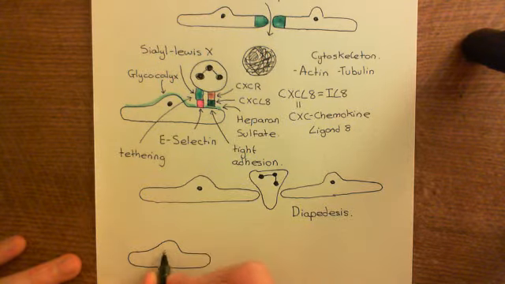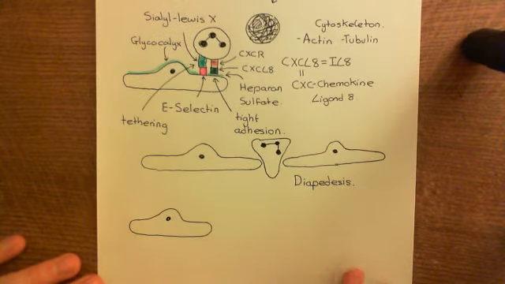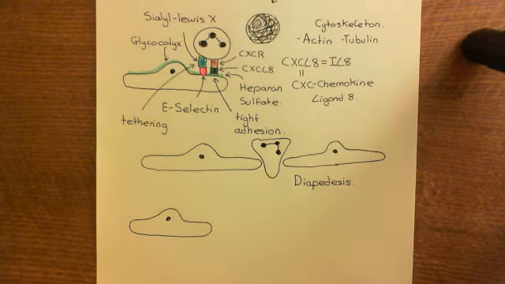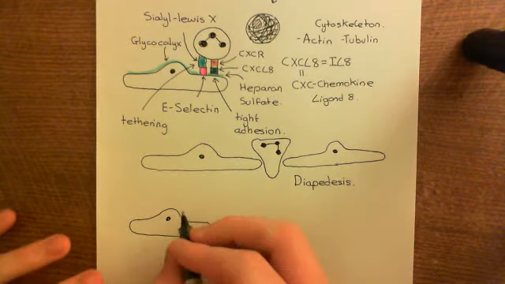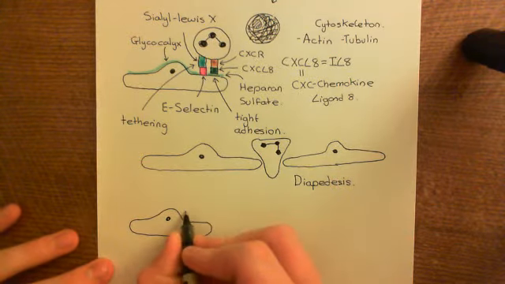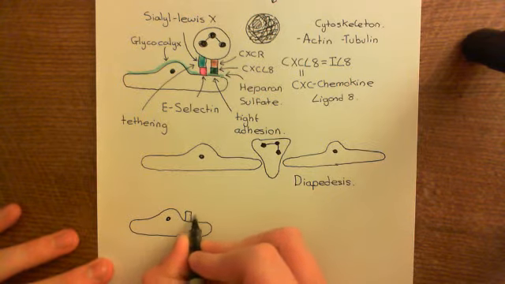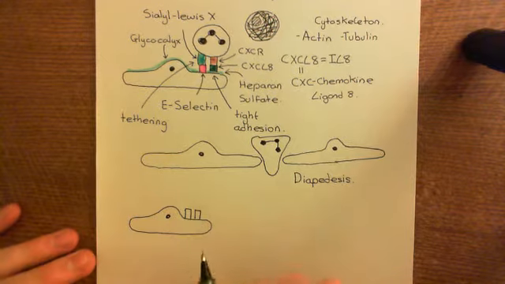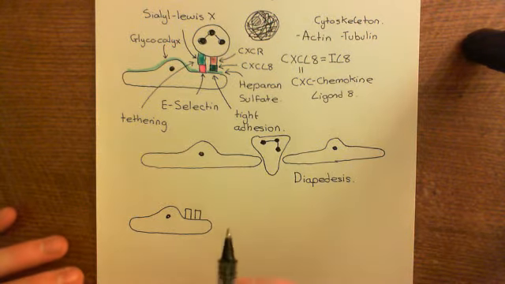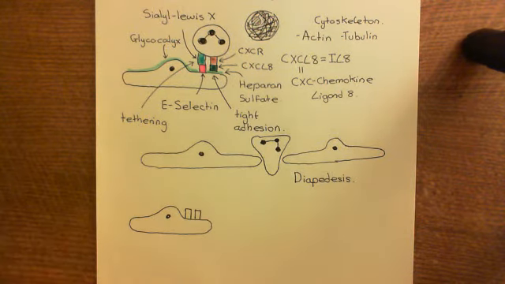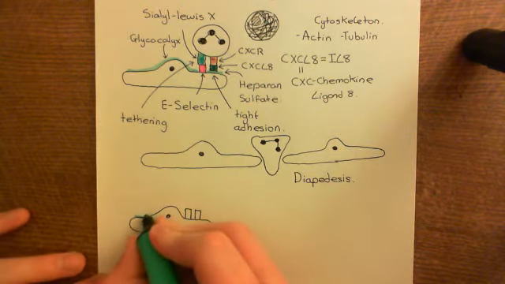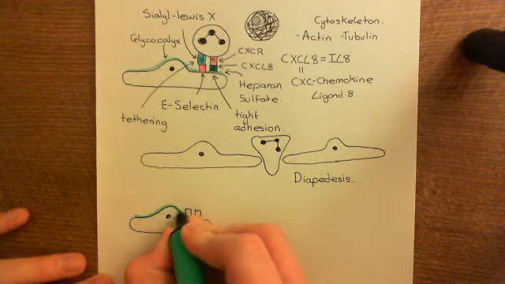So here is our endothelial cell. Basically the NF-kappa B is going to increase the expression of two proteins on the surface here, known as ICAM1 and VCAM1. And it's also going to upregulate a chemokine, which again, just like CXCL8, will bind to the heparan sulfate within the glycocalyx. So here is the glycocalyx.